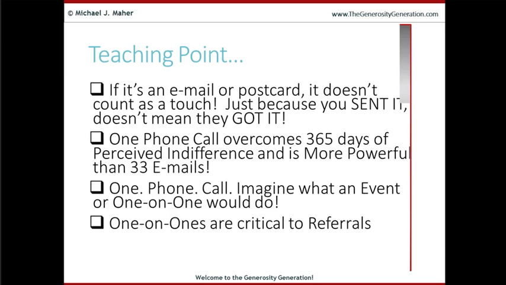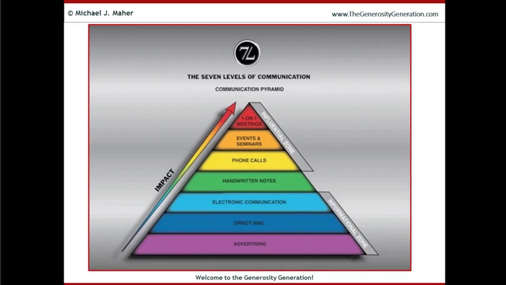What we need to do is work at the top of the communication pyramid as explained in 7L, the 7 levels of communication. We need to work in these 4 areas. Well, that makes sense. Handwritten notes, phone calls, events and seminars, one-on-one meetings.